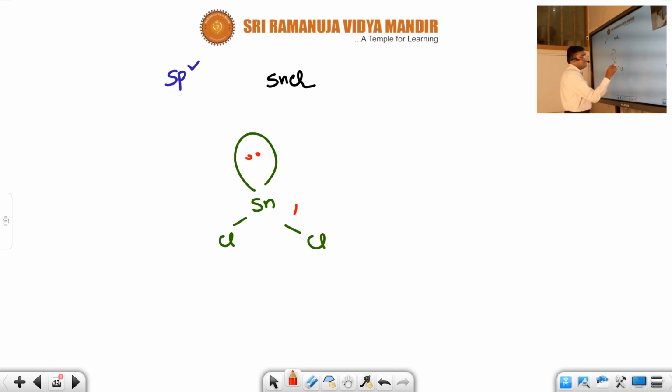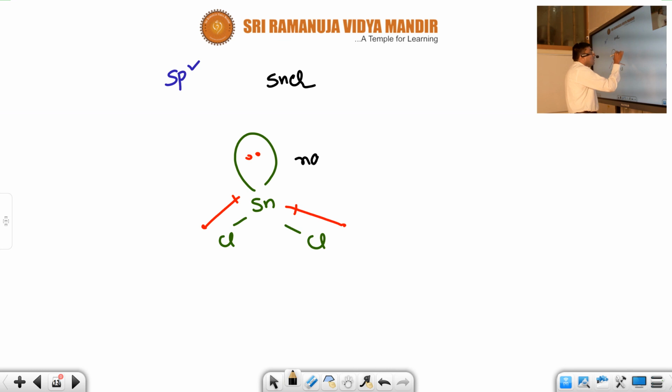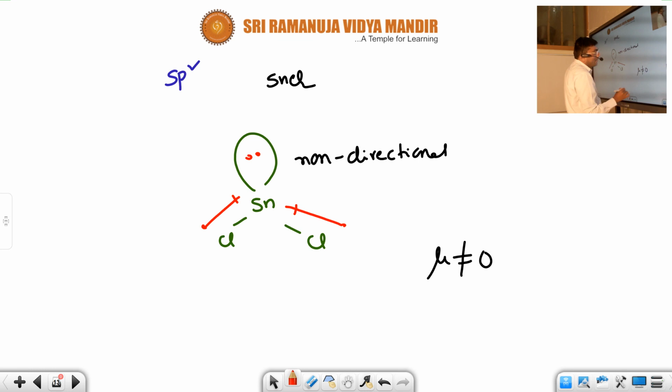Now, this is the dipole. Agreed or not? But here, lone pairs are non-directional. That's why the dipole moment is non-zero. When the dipole moment is non-zero, it is a polar molecule.